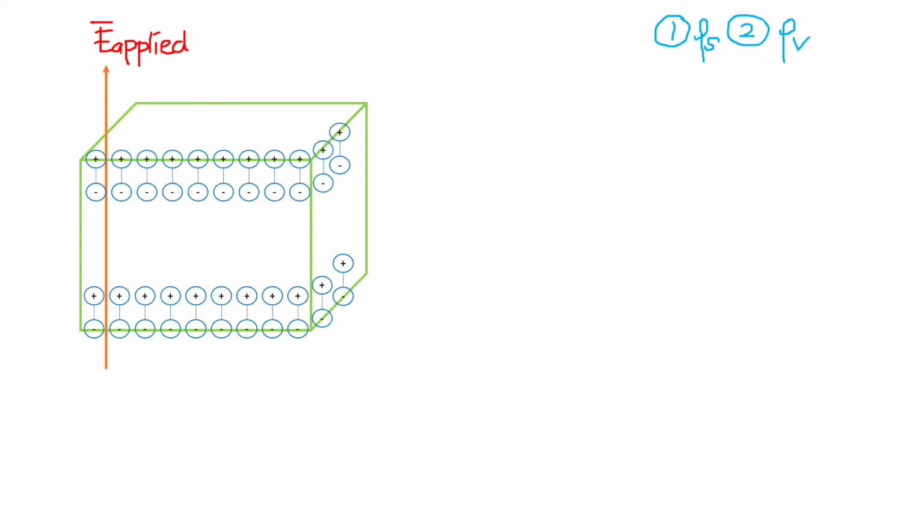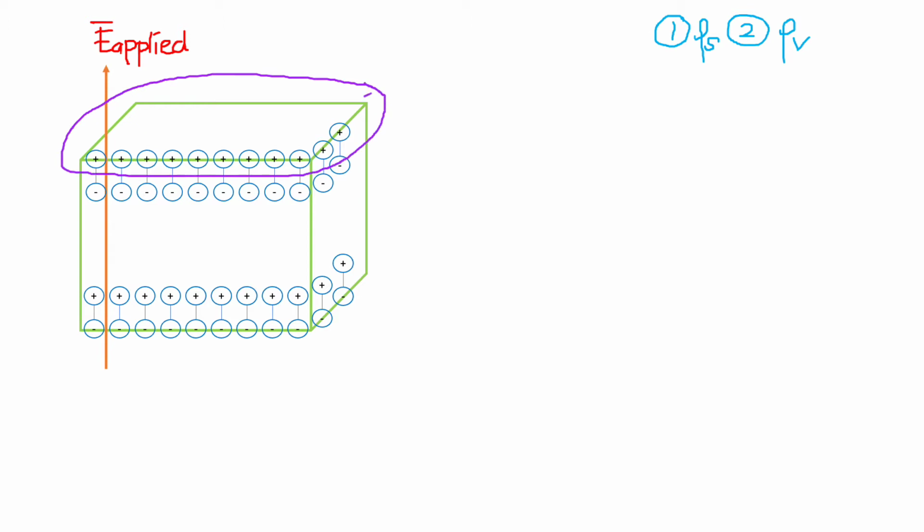So just imagine that this material is full of electric dipole moments. From here, we can see that it introduced the surface charge. So let's focus on the top one here.